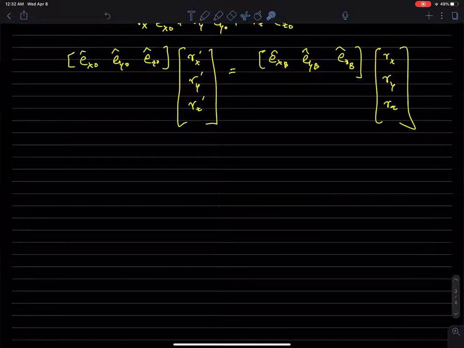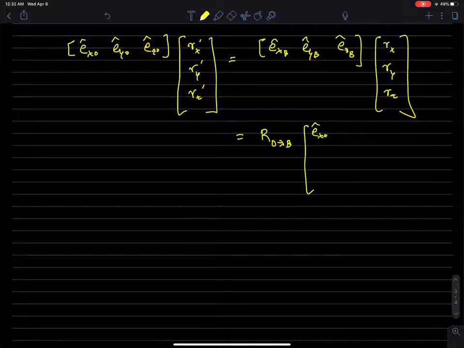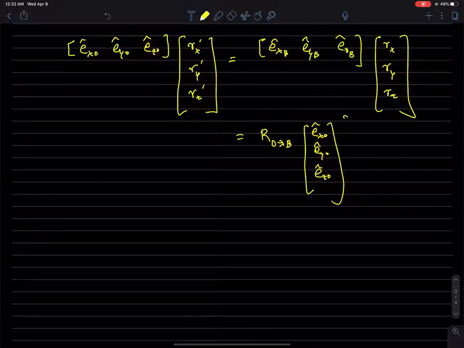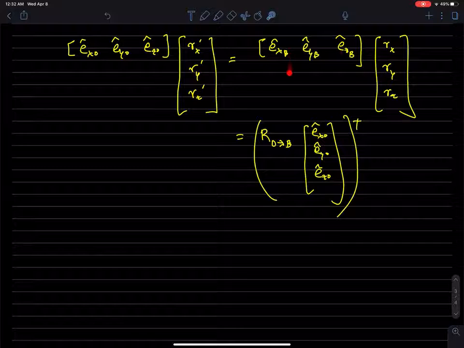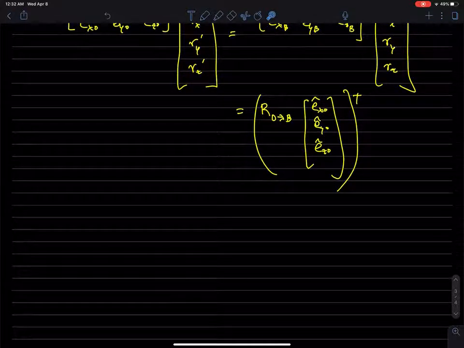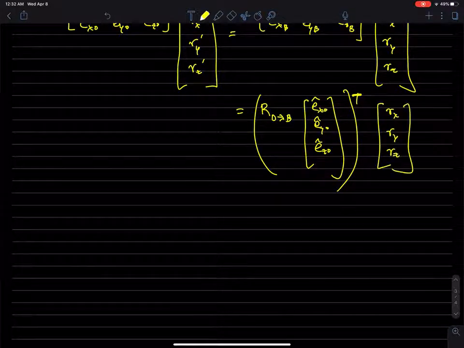But of course EXB EYB EZB is basically equal to R 0 to B times EX naught EY naught EZ naught whole transpose, because this thing is a transpose of EXB EYB EZB written in this manner. So that's transpose times Rx Ry RZ.